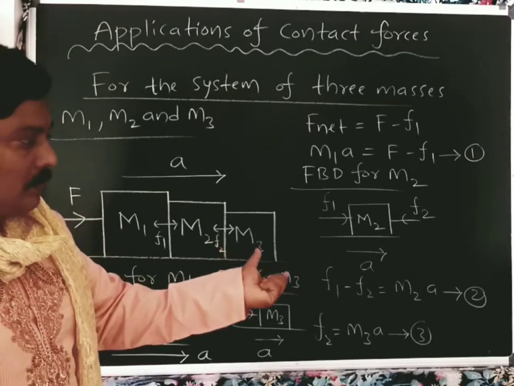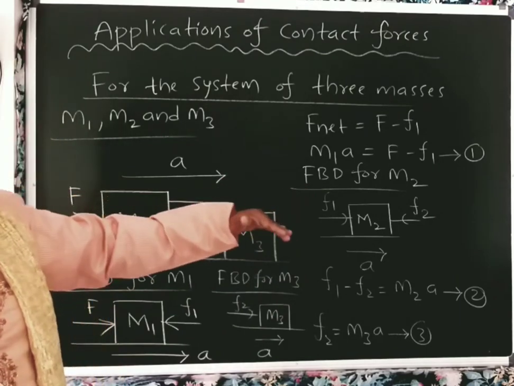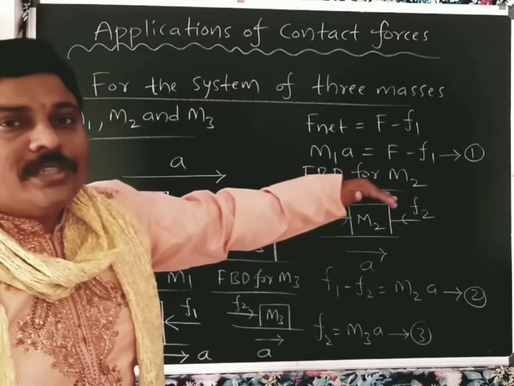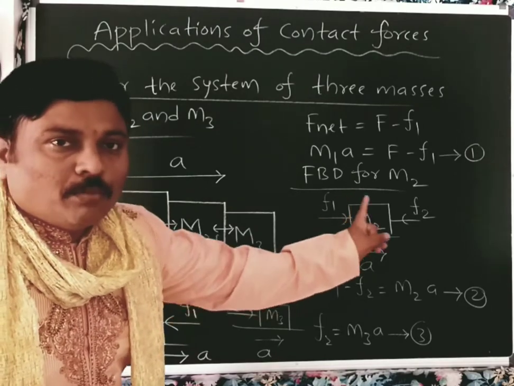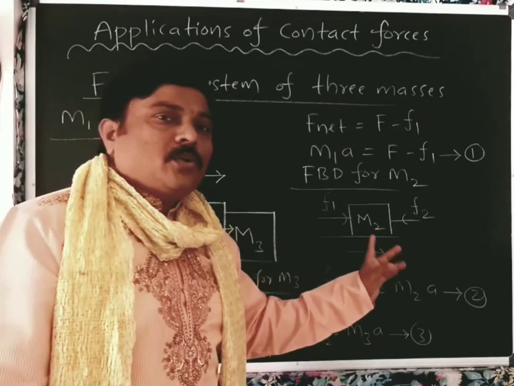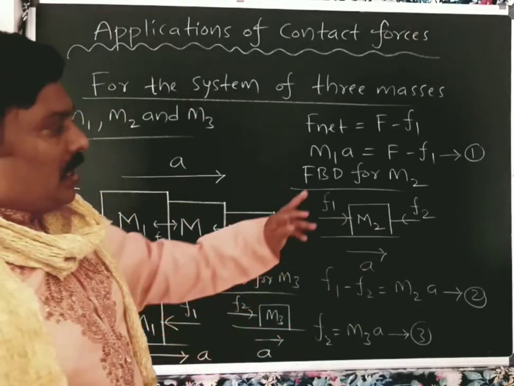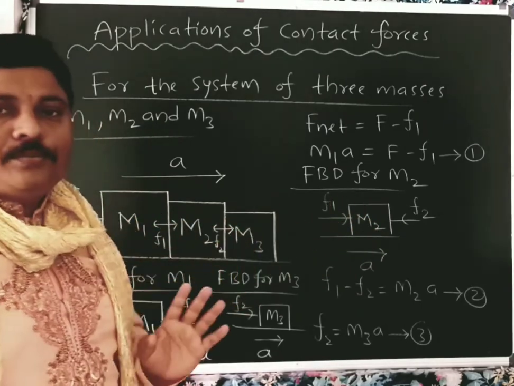Mass M2 accelerates along the positive x-axis. F1 acts on M2 along the positive x-axis, and F2 acts along the negative x-axis, in a direction opposite to F1.